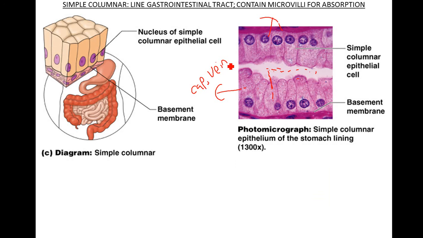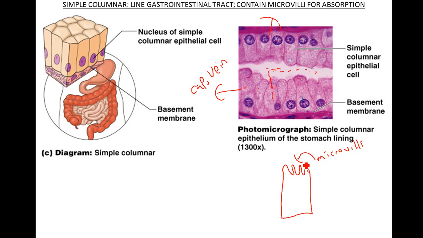So look at it. These cells actually have microvilli, so they're cytoplasmic. So this is the microvilli right there. It's a cytoplasmic projection of the cell membrane. All right? So again, think about the whole purpose.